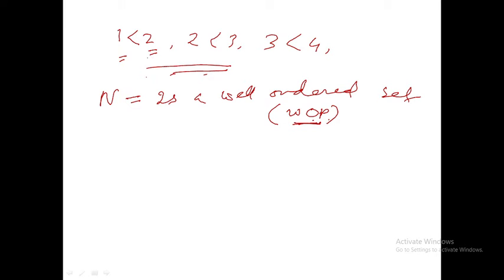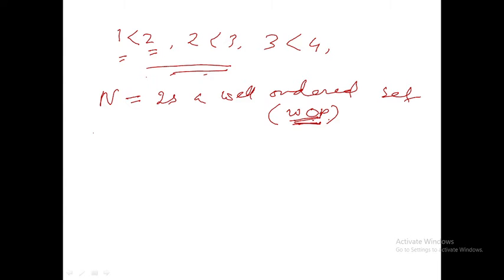That means in natural numbers, the first number is smaller than the second, the second is smaller than the third, the third is smaller than the fourth, and so on. This is called the well ordering property of natural numbers. So we say that the set of natural numbers is a well ordered set. Next comes the method of induction.